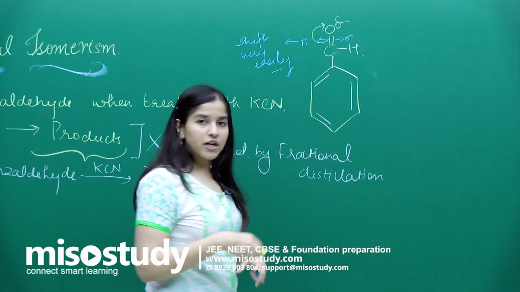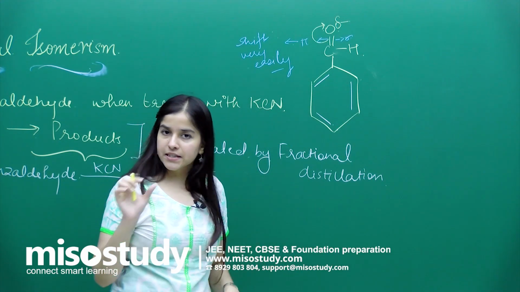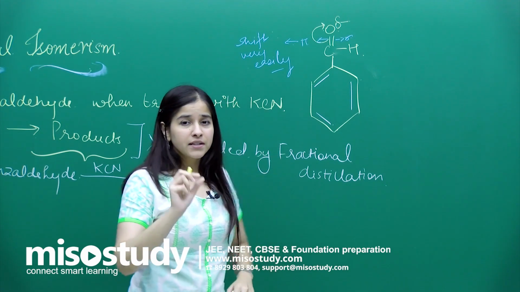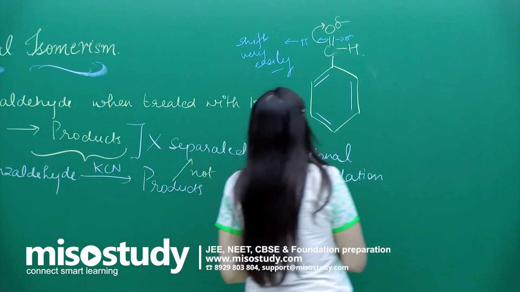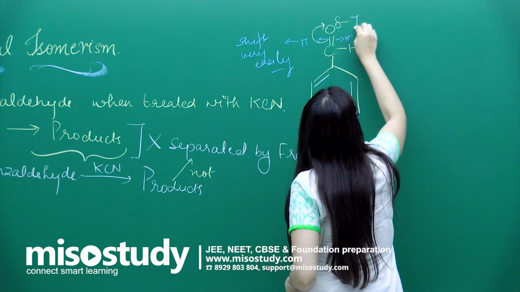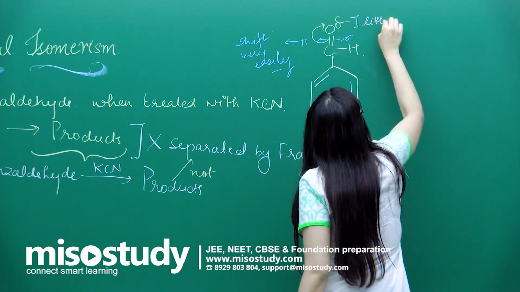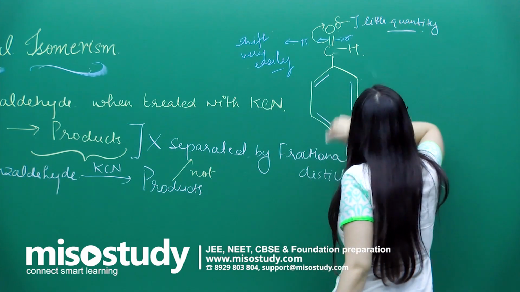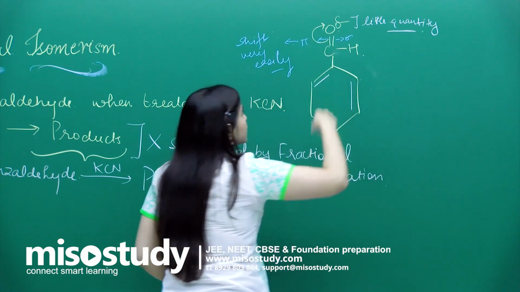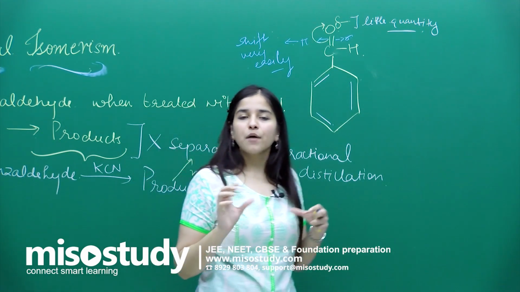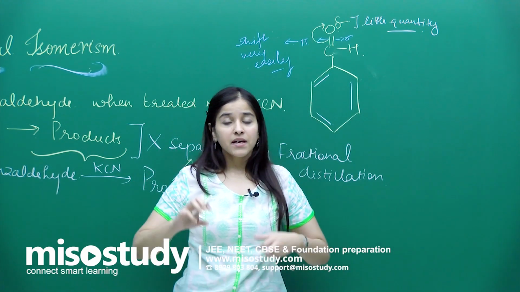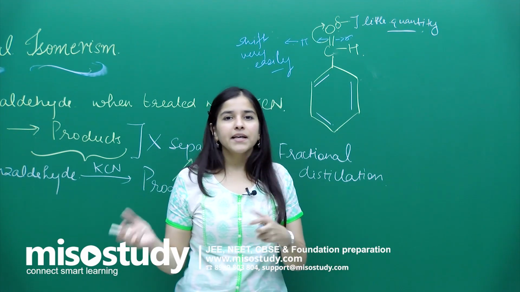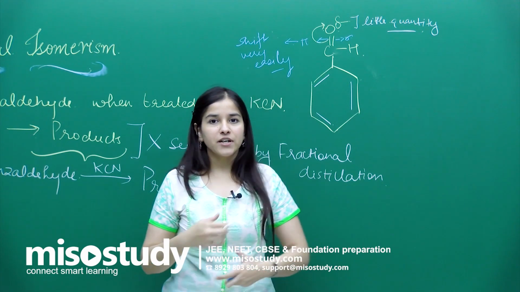A delta negative charge develops. I am not writing just the negative, but delta. Delta represents slight, that means a little quantity. So over here a little quantity of negative charge is there. Due to the shuffling, what happens actually in organic molecules is the electrons are not stagnant on the atoms, but they keep on shuffling between each other.